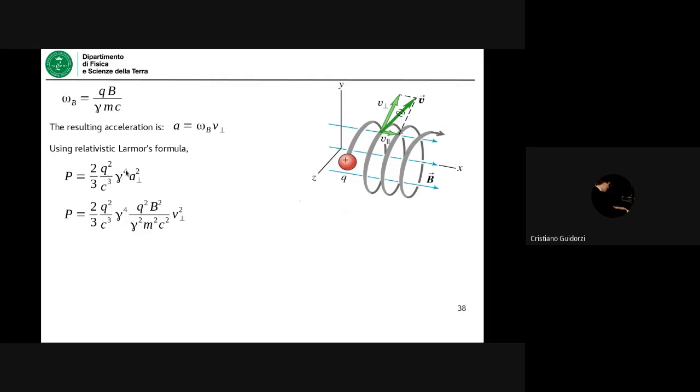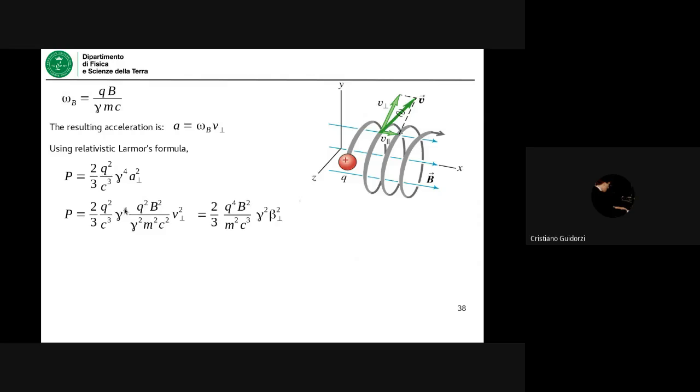So just replace into Larmor's formula the value for the acceleration that we have in this case. Given that it comes with a square, you have all this term squared. So you gain, in particular, B squared over gamma squared m squared c squared, and v perpendicular squared.